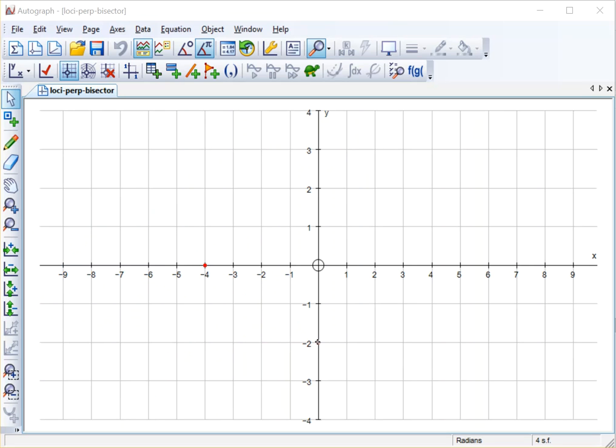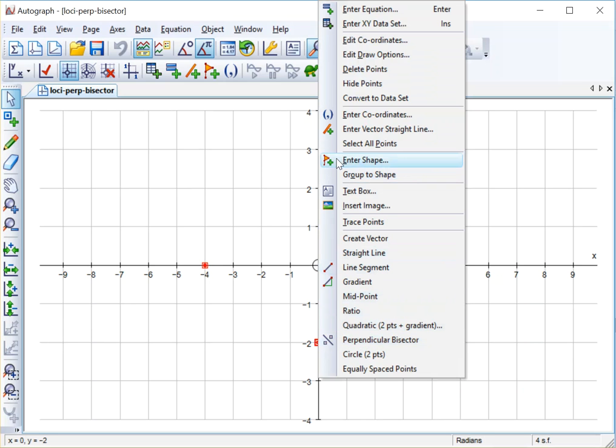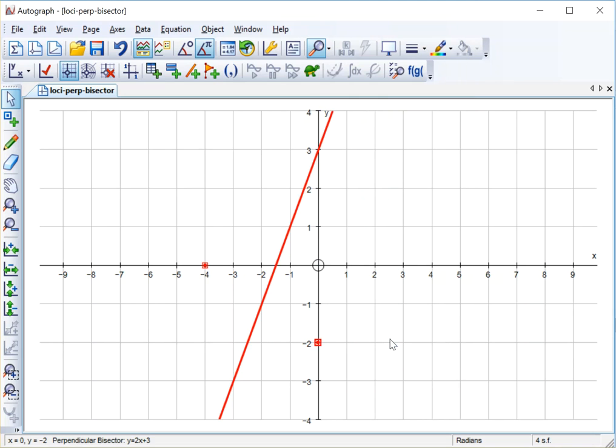So I've got minus 2 on the y-axis and minus 4 on the x-axis. If I select both points, I can use the perpendicular bisector tool to verify that the equation of the line is y equals 2x plus 3, which we can see just at the bottom of the screen there. And this is exactly what we found out algebraically.